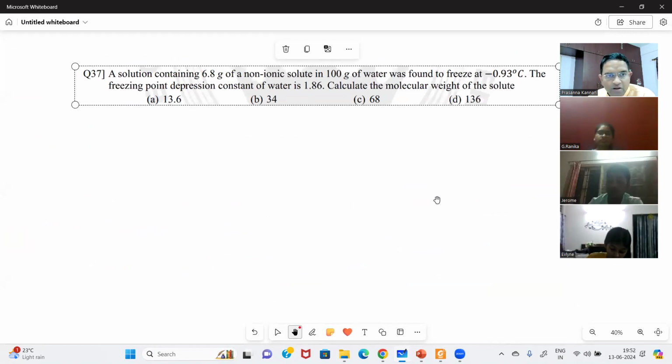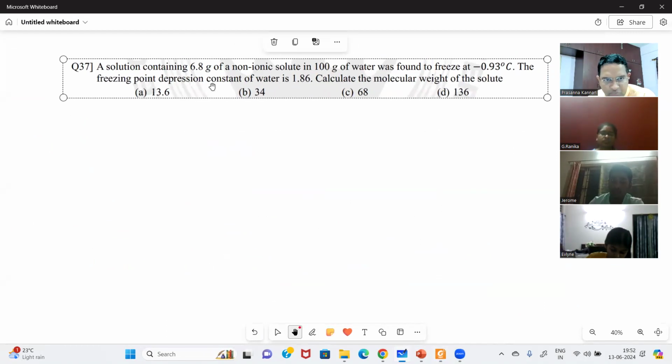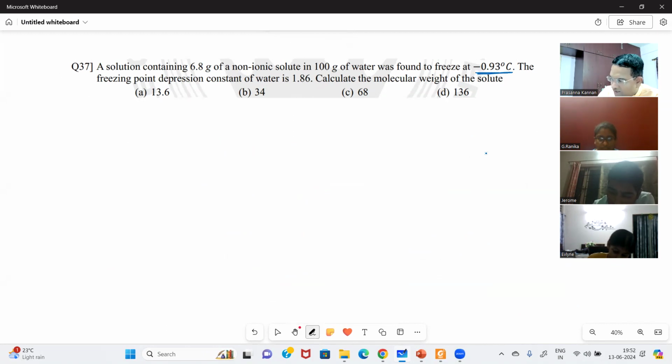A solution containing 6.8 gram of a non-ionic solute in 100 gram of water was found to freeze at minus 0.93 degrees Celsius. The freezing point depression constant for water we know is 1.86. Calculate the molecular mass of the solute. This is also simple. Normally water freezes at 0 degrees Celsius.